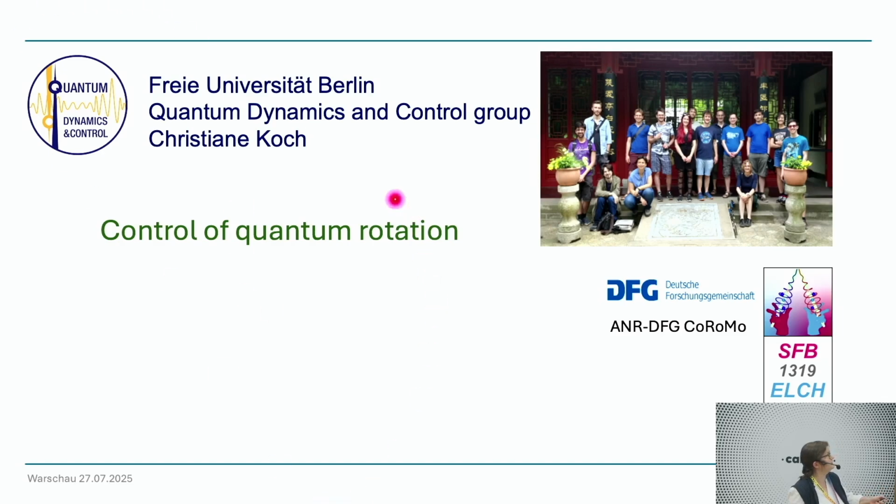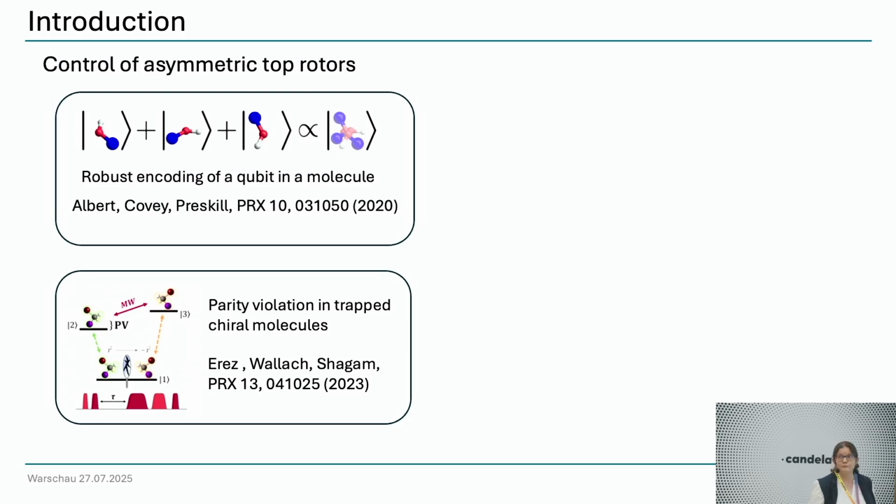What I am mainly interested in is the control of quantum rotation, and in particular the control of asymmetric top rotors. So why asymmetric tops? Here are two examples why they are interesting.